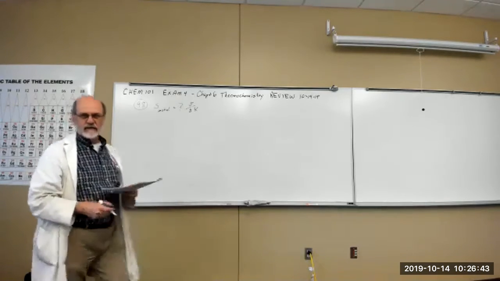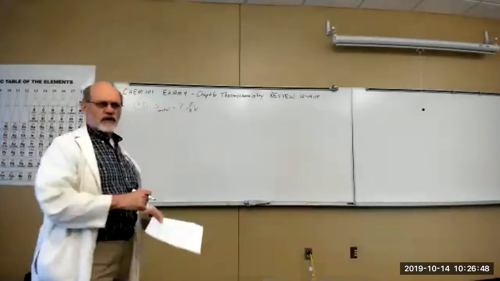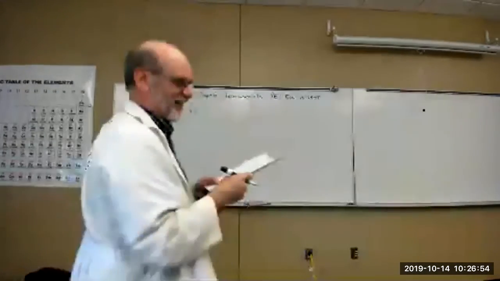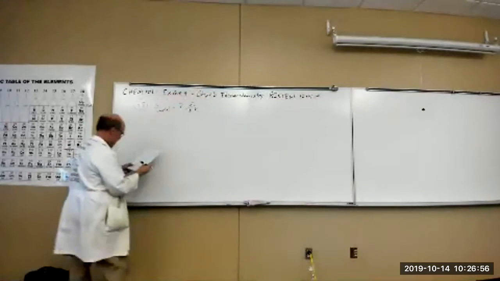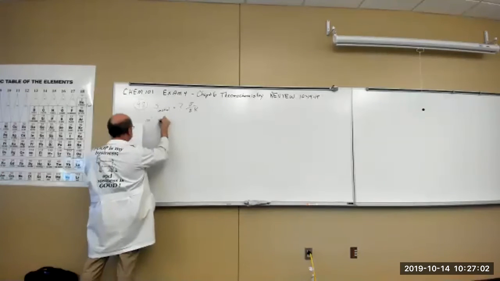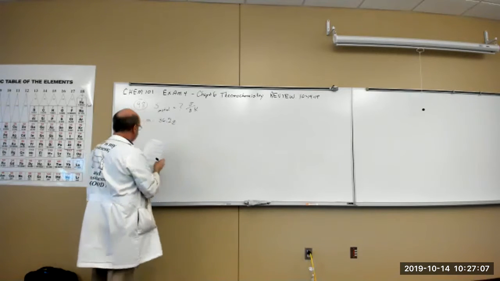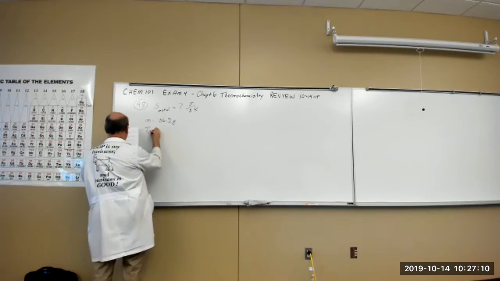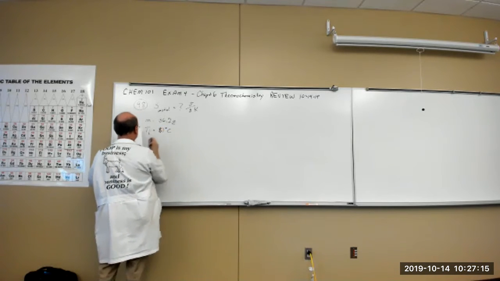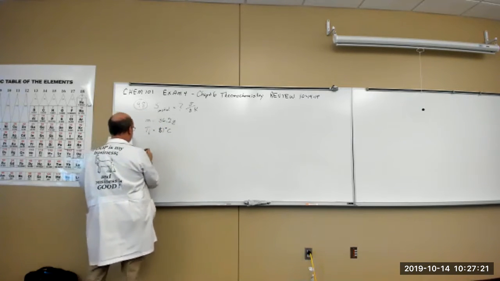Okay, so we're given the mass of the metal is 36.2 grams. Its initial temperature is 81 degrees centigrade. And it's dropped into a calorimeter containing 50 grams of water.